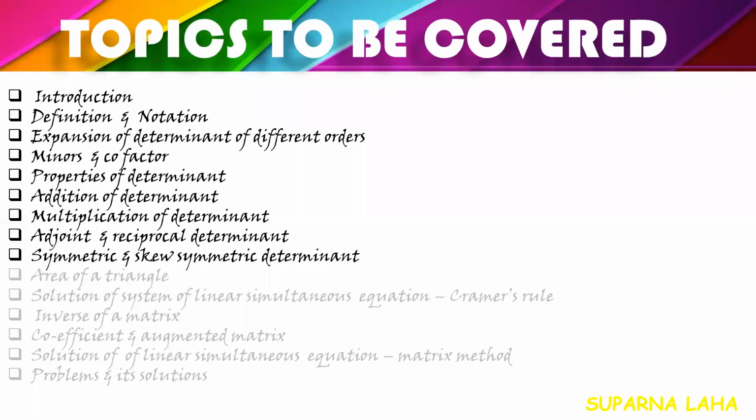The first application is the area of a triangle. Now what is the area of a triangle? If the 3 vertices of a triangle are given, you know how to find its area.